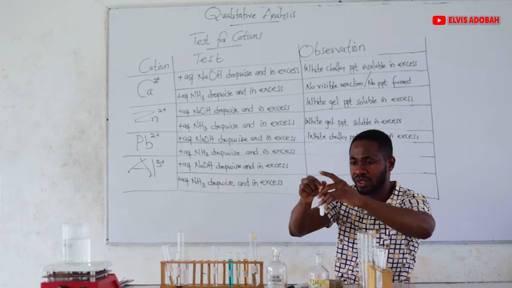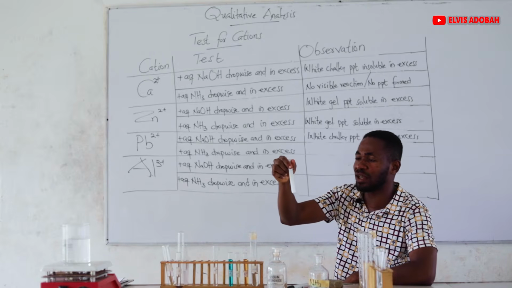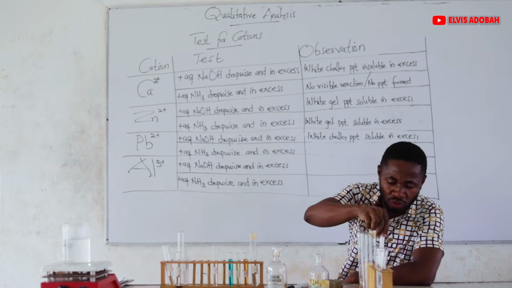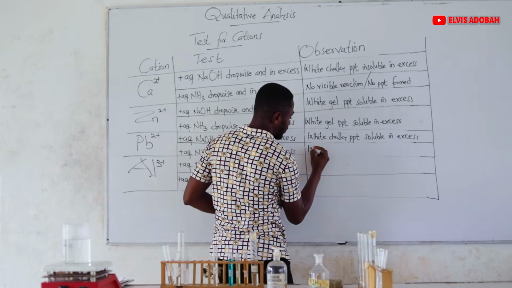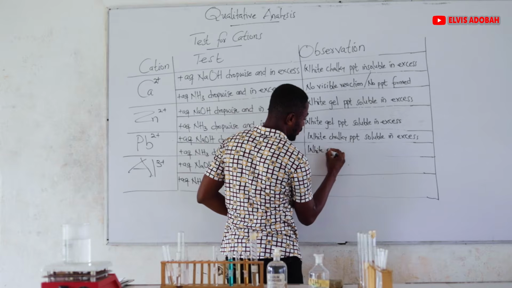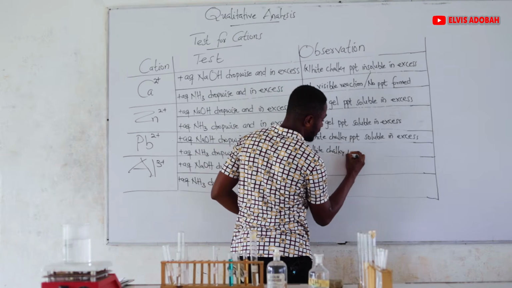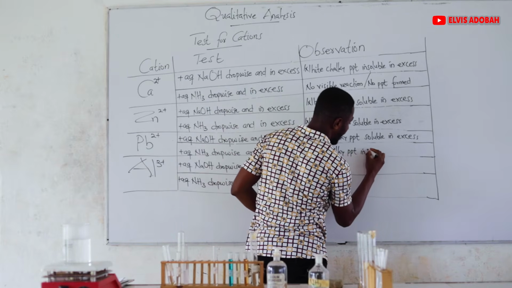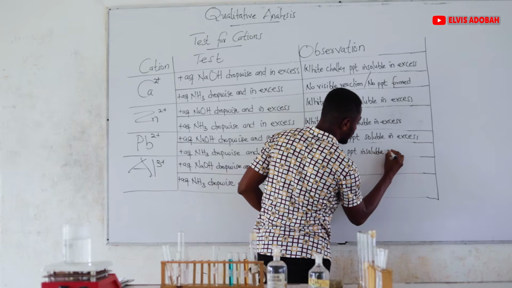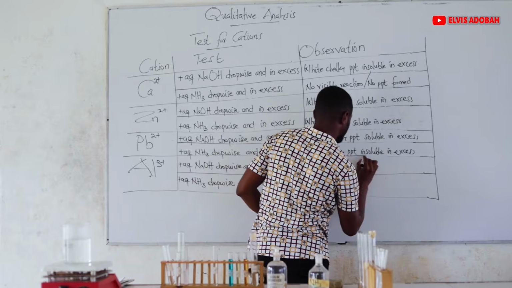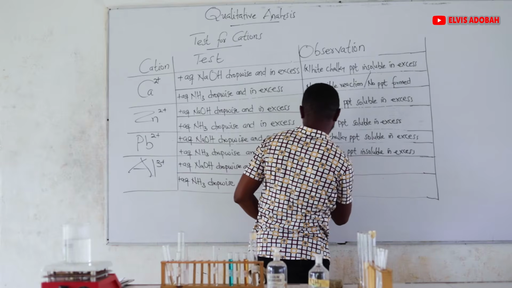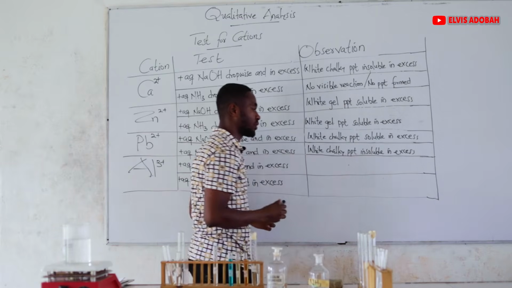In excess, our precipitate is not dissolving. So we write our results down. White chalky precipitate, insoluble in excess. That is our result.